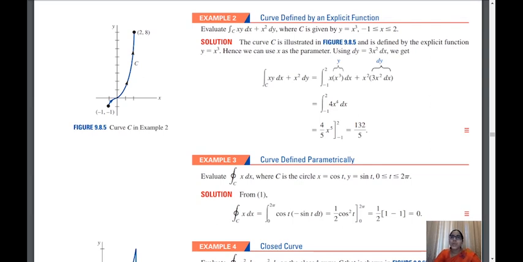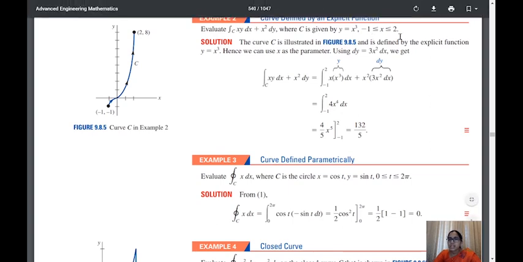In the previous problem we had to change everything into t and dt. Here we have to change everything into x and dx. So how will we do? We'll replace the value of y. Integral over c xy dx plus x square dy will be integral -1 to 2, x into y replaced by x cube, and dx remains as it is, and x square is as it is.